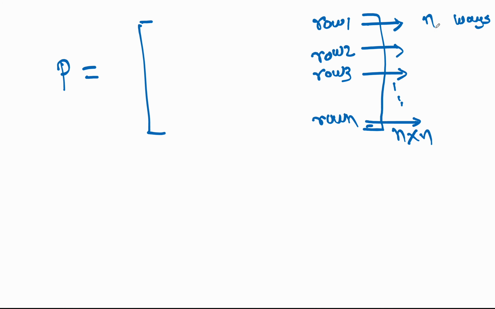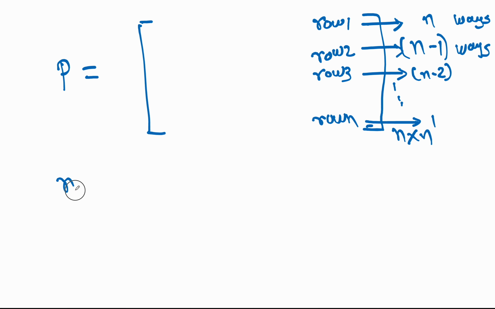Now once we fill that vector, it will be unavailable for the second row. So for the second row we will have n minus 1 possible ways, then we will have n minus 2 possible ways, and then finally whatever vector is left will get its place in row n.